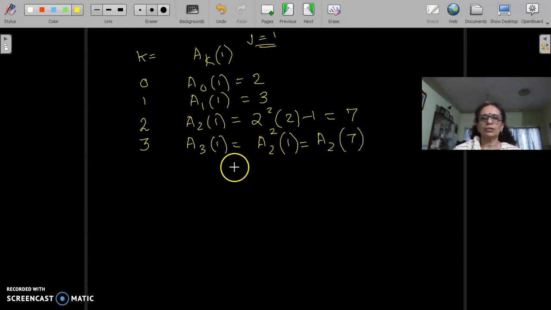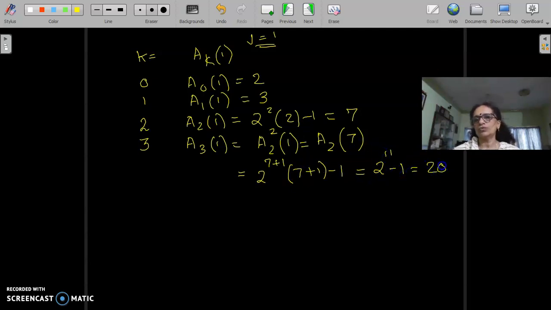So this is going to be a_2(7), which is 2 raised to 7 plus 1, times 7 plus 1, minus 1, which is the same as 2 raised to 8 times 8 minus 1, that is 2 raised to 11 minus 1, which is 2047, as we all know.